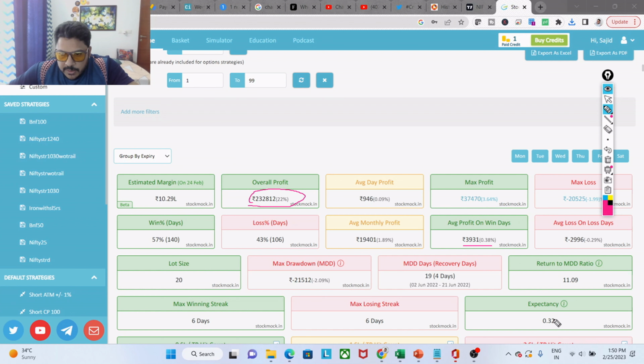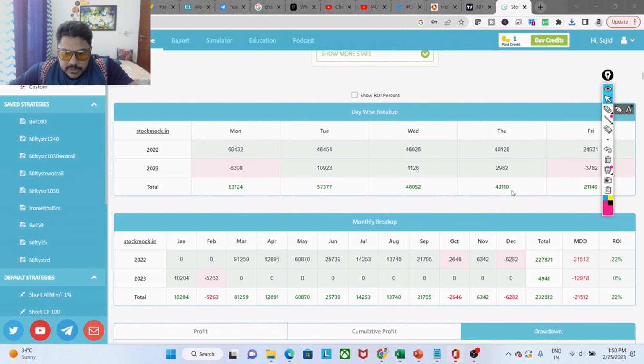Average win is greater. Everything remains the same, only the values have gone up, and you can see the win percentage also 22%. So on average, on a monthly basis, you're making about 80,000, 12,000, 60,000, 25,000, 14,000.